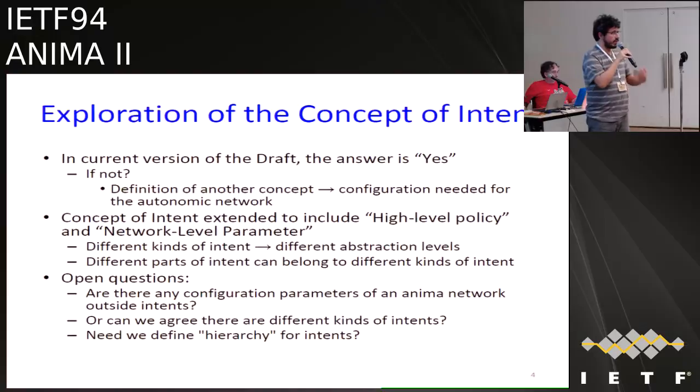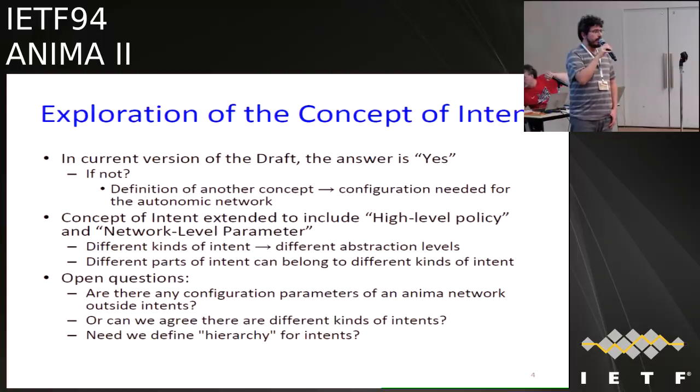In the current version of our draft, yes, this is an intent. And what we have to ask ourselves is, if this is not an intent, we probably need another source, another format of configuration information in order to do that.